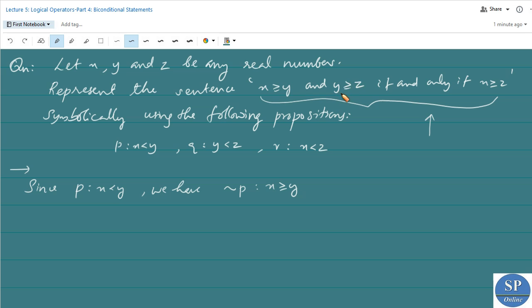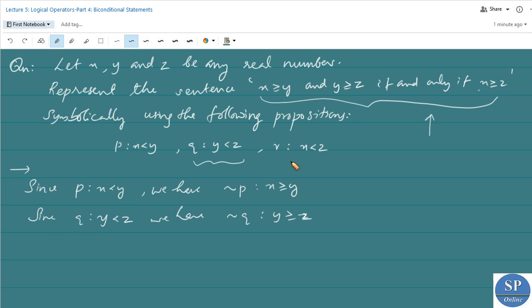Now next is y greater than or equal to z. Here also we have Q is y less than z. So in a similar way, since Q is the proposition y less than z, and we need y greater than or equal to z, negation Q is nothing but y greater than or equal to z. And then we have x greater than or equal to z.